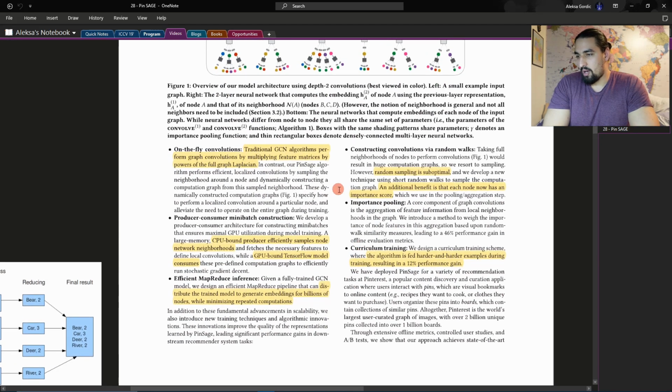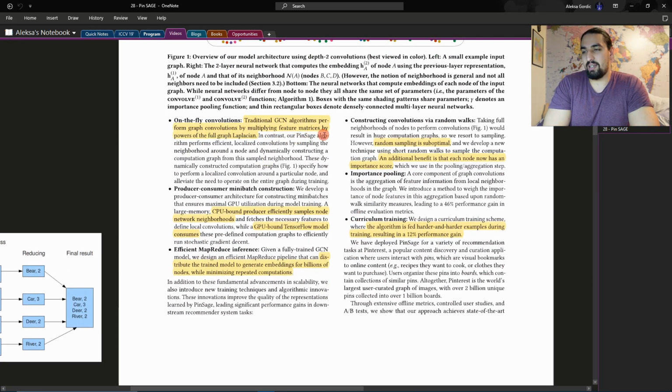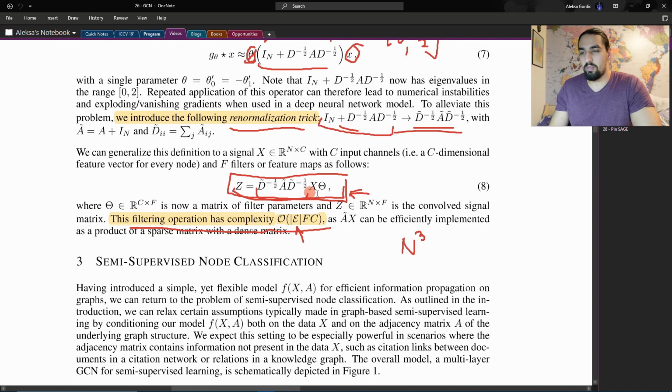First off, they say traditional GCN algorithms perform graph convolutions by multiplying feature matrices by powers of the full graph Laplacian. What that means, if you're familiar with GCN, and here I'll open the paper which I've covered in one of my previous videos, is that you can see the update rule for GCN, and the A tilde part has a structure similar to the Laplacian, even though it's not the Laplacian.